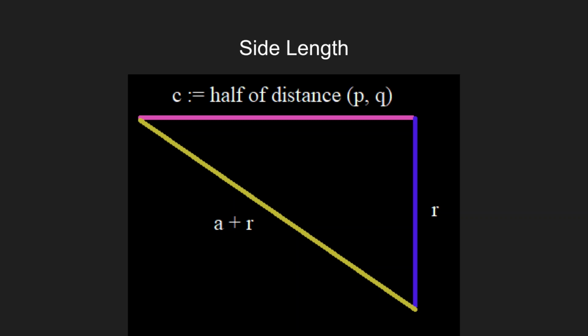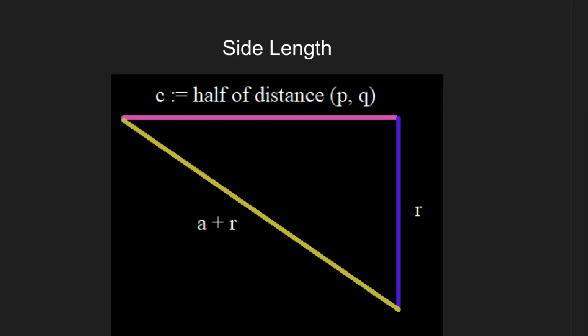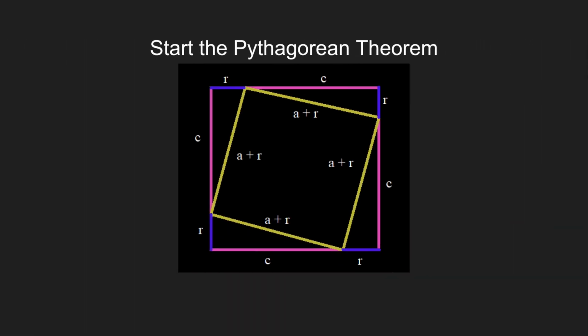And let's call that length C. We want to figure out C. Well, if we rotate the triangle, we make 4 copies of it, we can line up the hypotenuse as the edges of a square. We get this one big square, we get this little square on the inside of it, and we can relate the area of these two squares together.